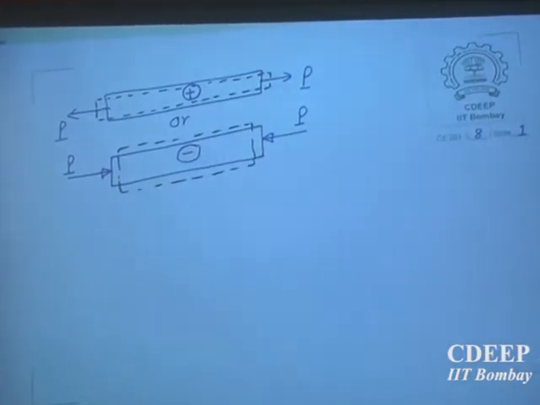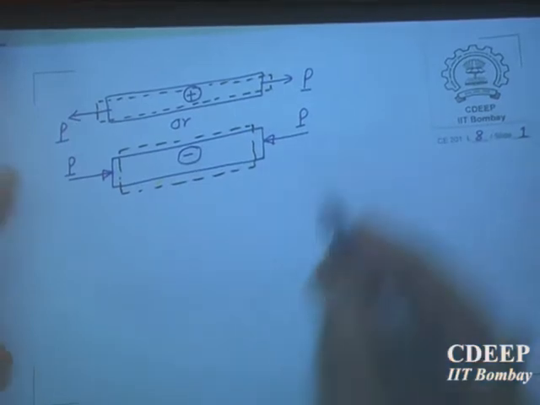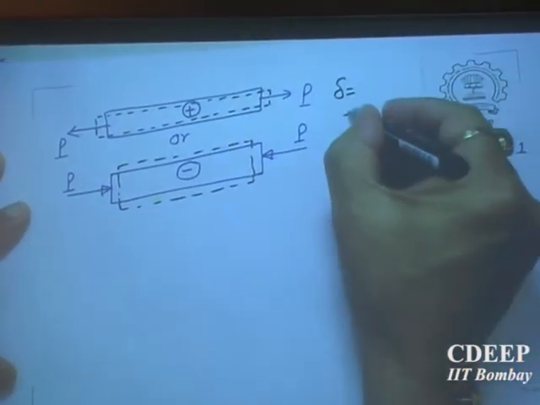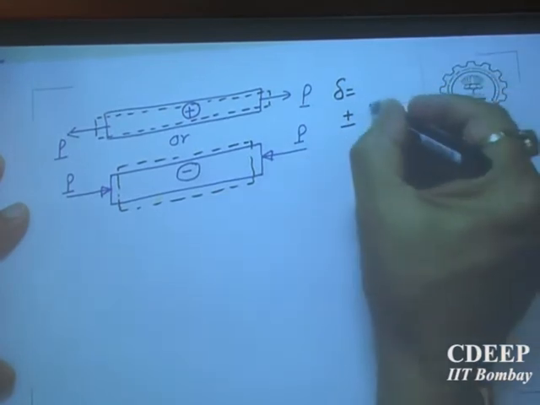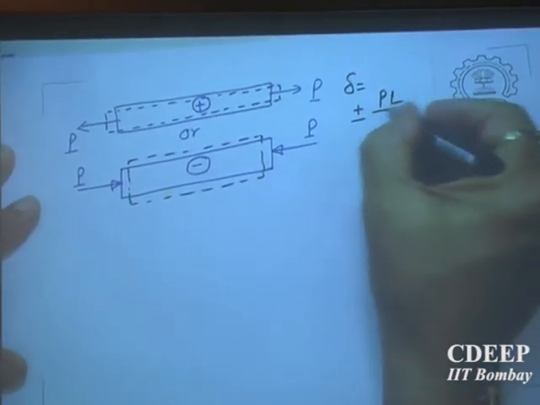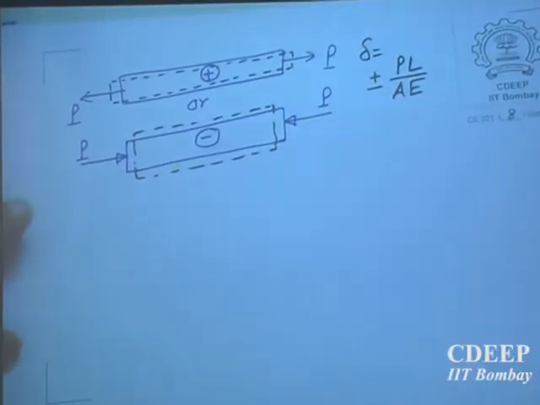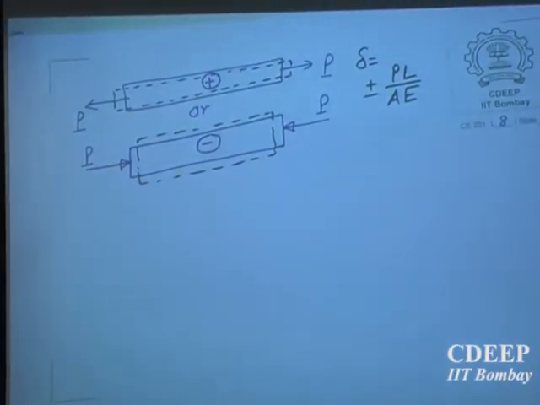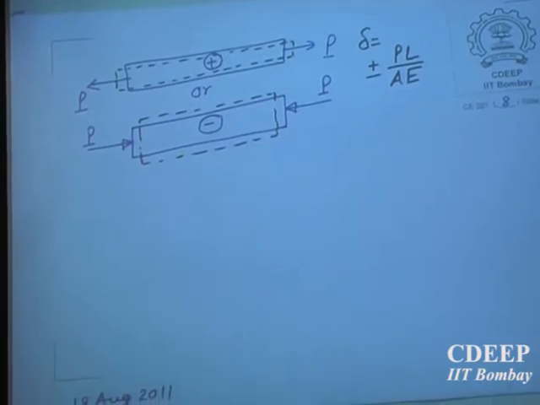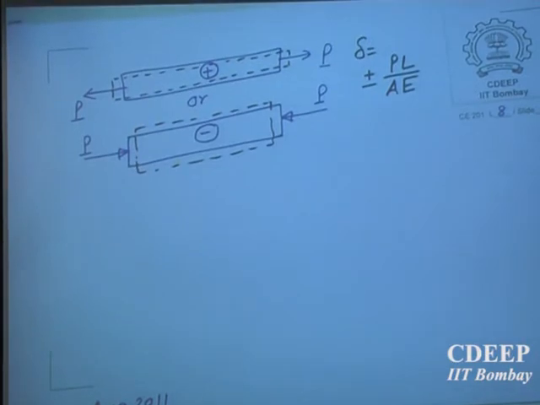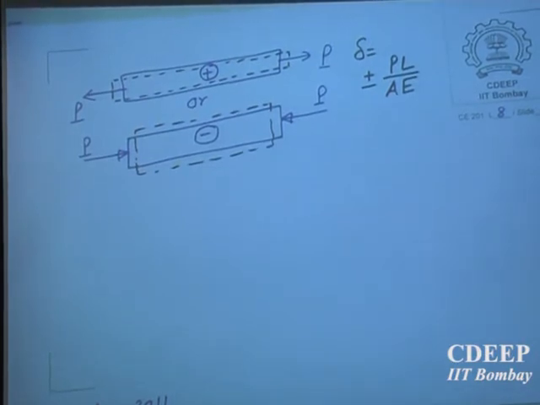So the shortening or lengthening of the rod, delta, will be plus or minus PL by AE. Plus means extension, minus means compression. This is a famous formula and a very important one. This is the first formula that I am saying you must remember.